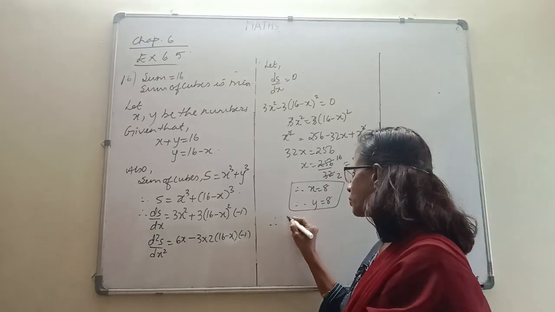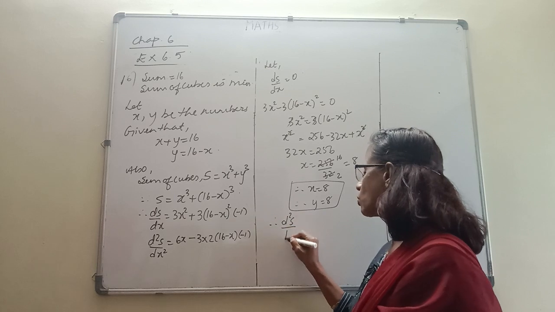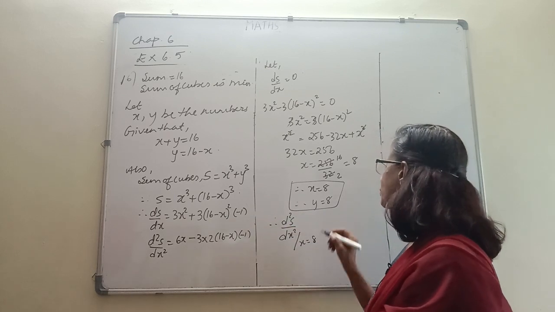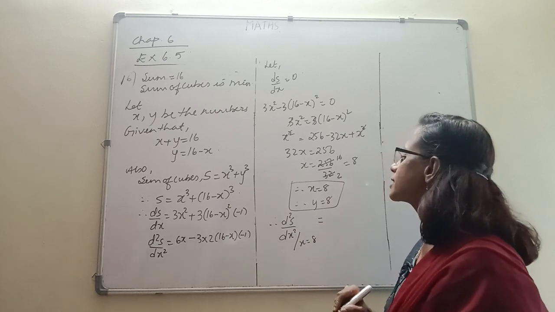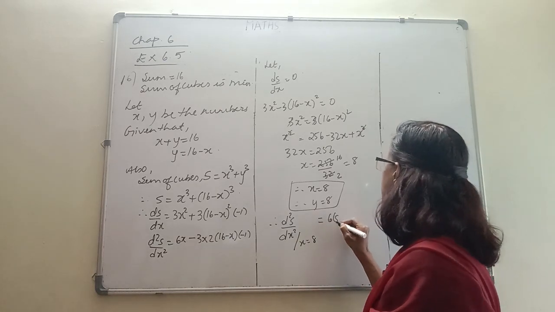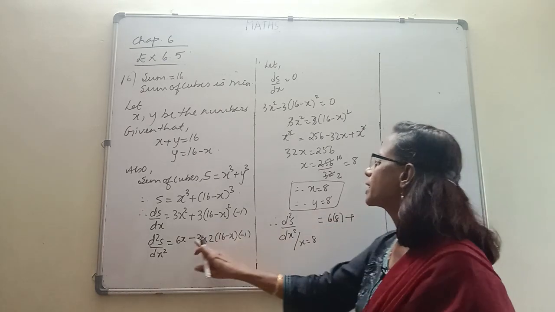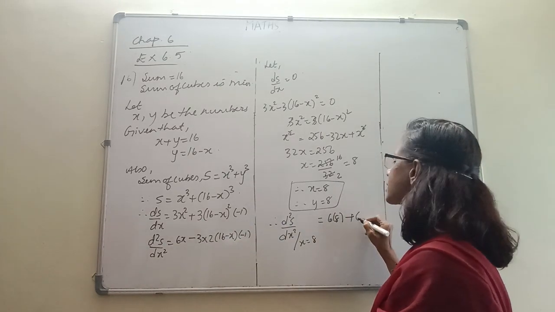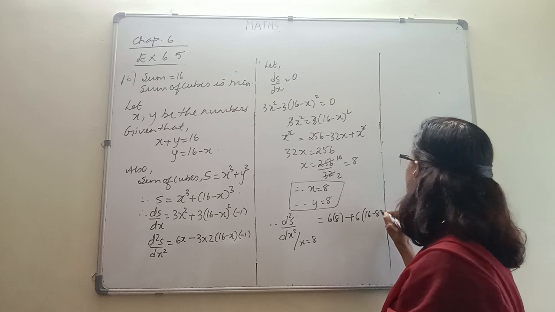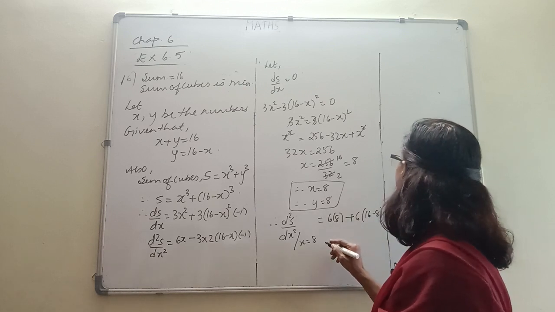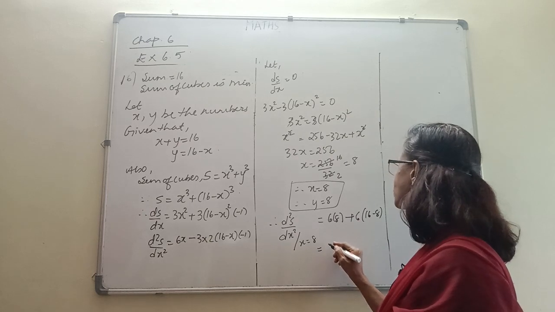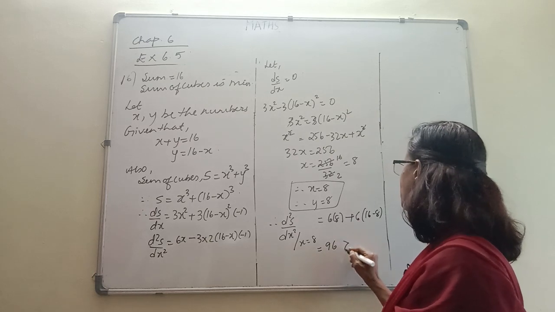For that, let's find d squared S over dx squared at x equal to 8. It is 6x, so it is 6 times 8, plus this minus and this minus become plus, so plus 6 times (16 minus 8). That's 6 times 8, which is 48, plus 48, which is 96, which is positive.